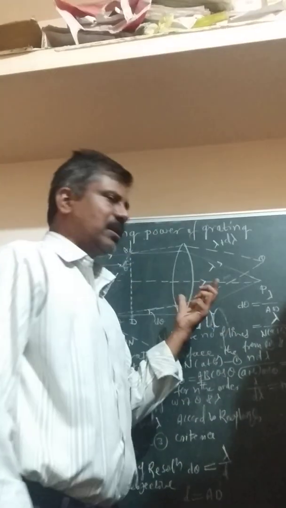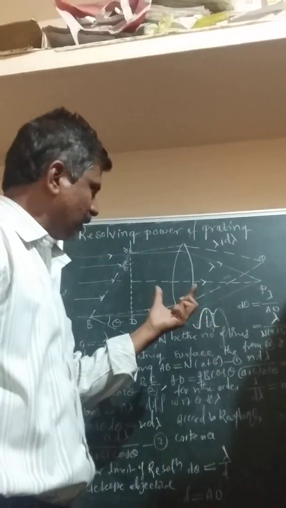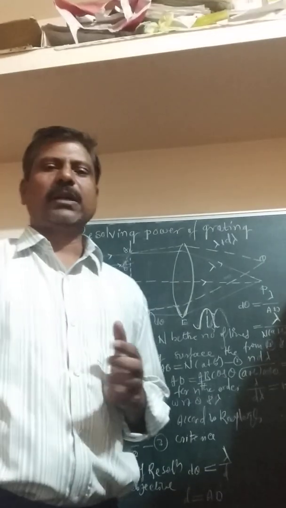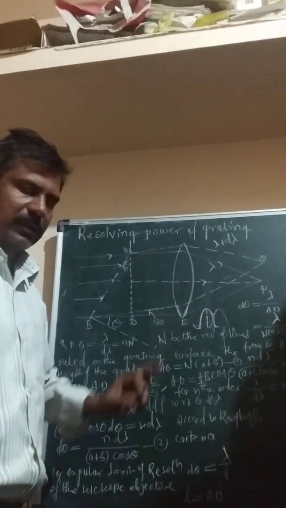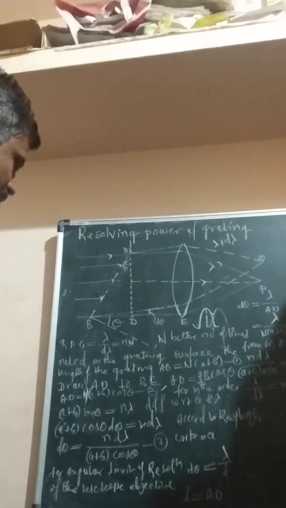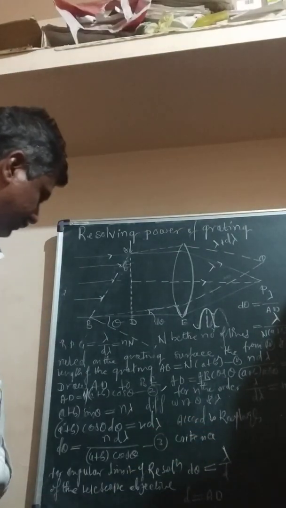In such cases, the two spectral lines are just resolved. That is the condition for just resolution according to Rayleigh's criterion.